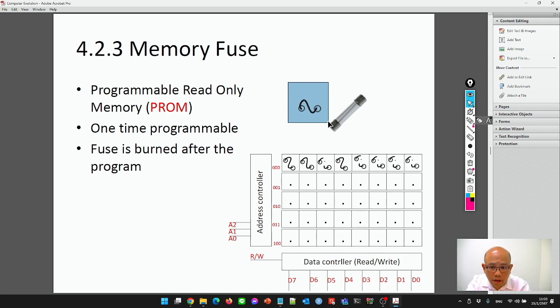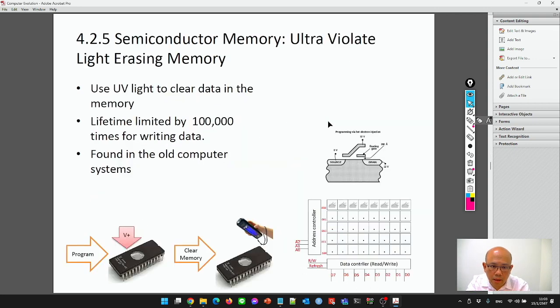And for another device, this is called EPROM. The EPROM is erasable by shining UV light to the window here. When you look at the window, you will see the chip. This chip is sensitive to UV light.